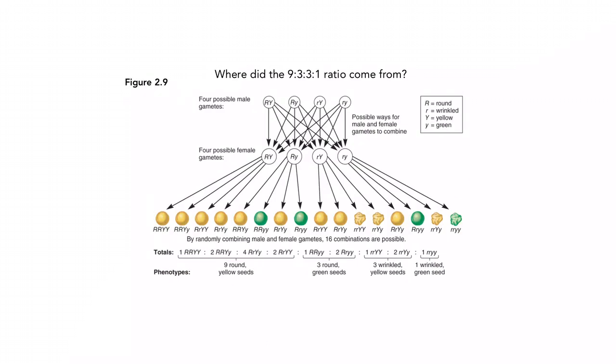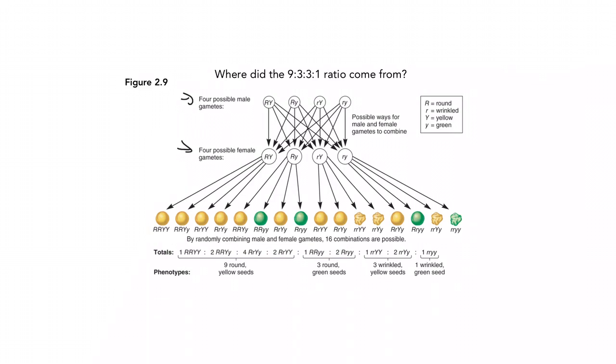Now let's look at where this 9 to 3 to 3 to 1 ratio comes from, and recognize that this is a phenotypic ratio. In this scenario, we've got our 4 possible gametes from a male plant, and 4 possible gametes from the female. They're the same because both of them are double heterozygotes.